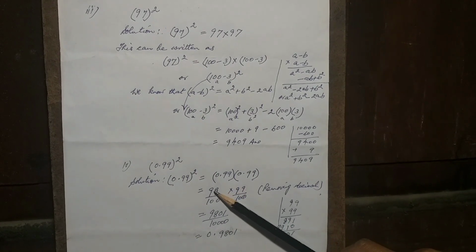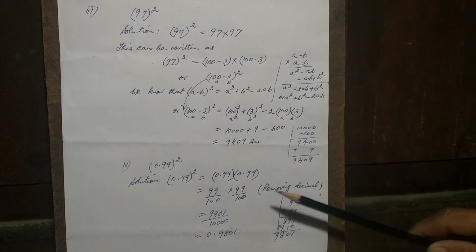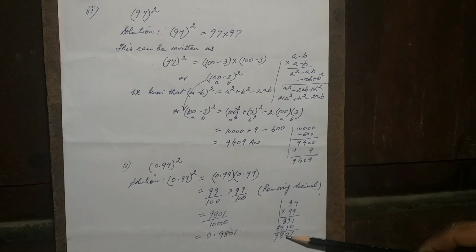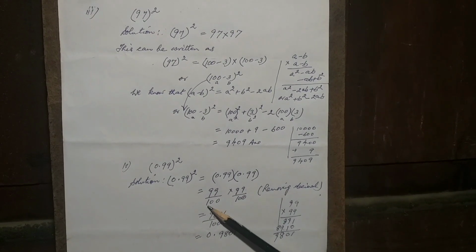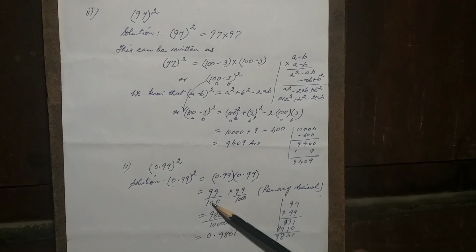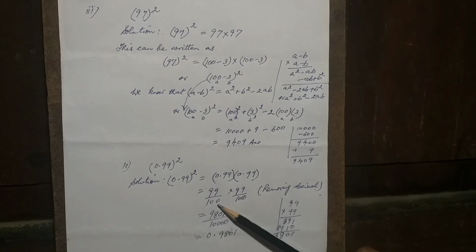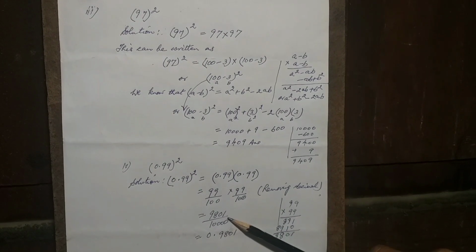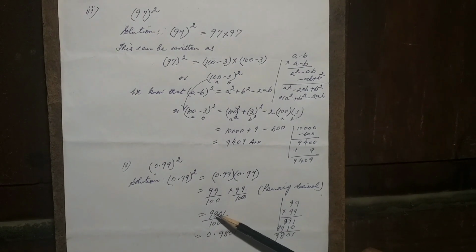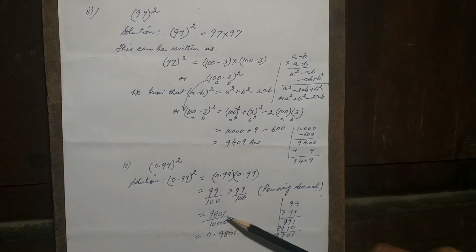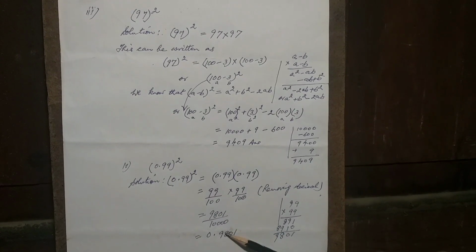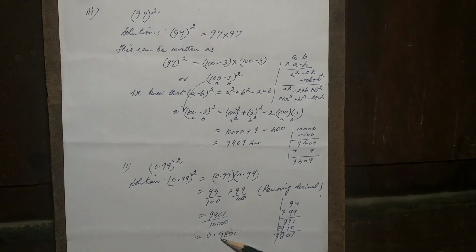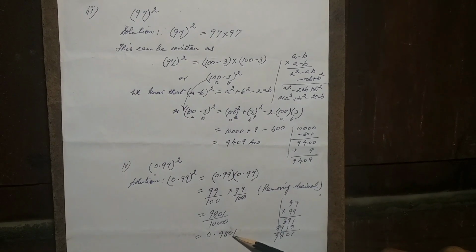Now multiplying 99 with this 99, we get 9,801. And multiplying the denominator 100 with this 100, we get 10,000. So in the decimal form, this fraction can be written as 0.9801.